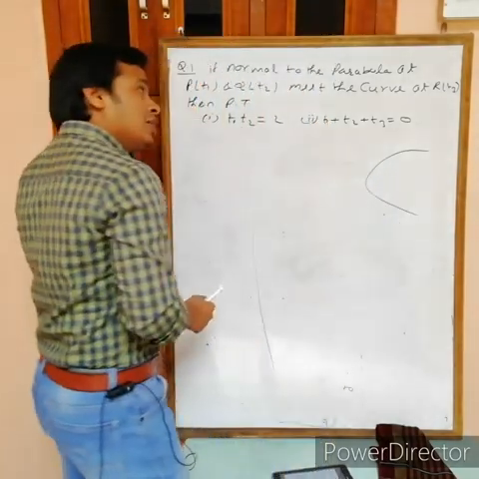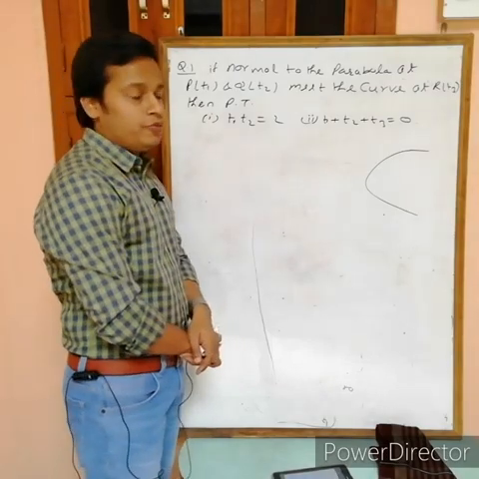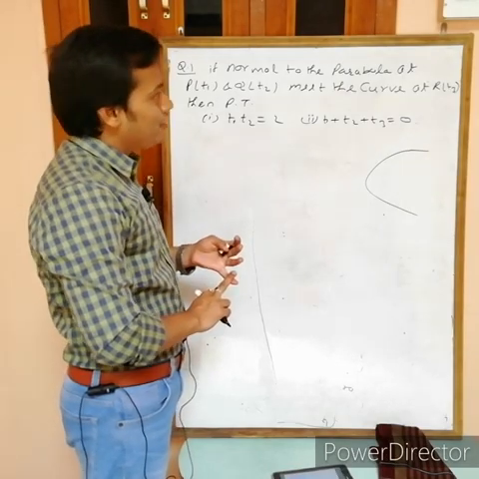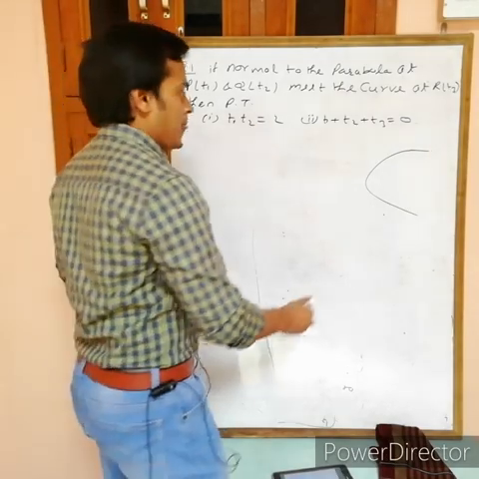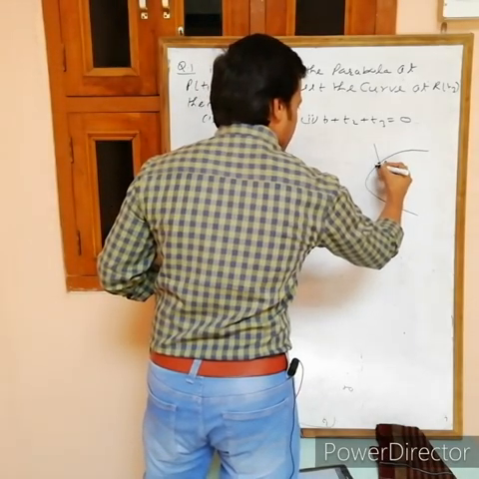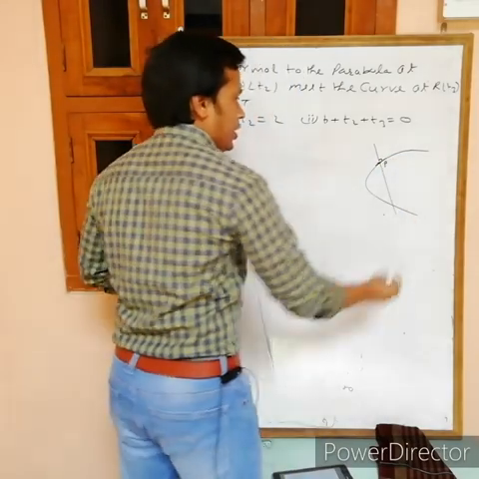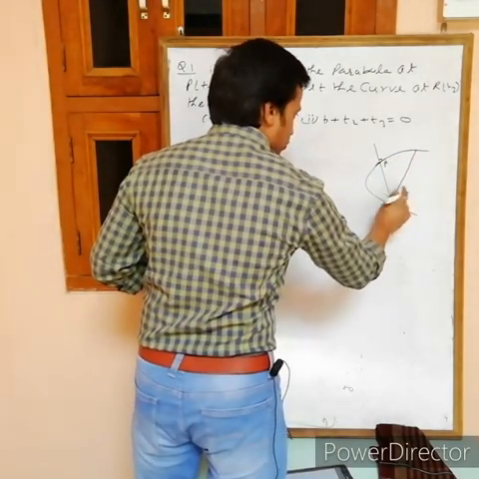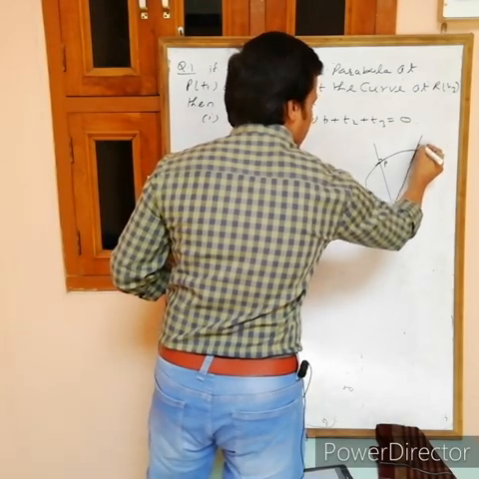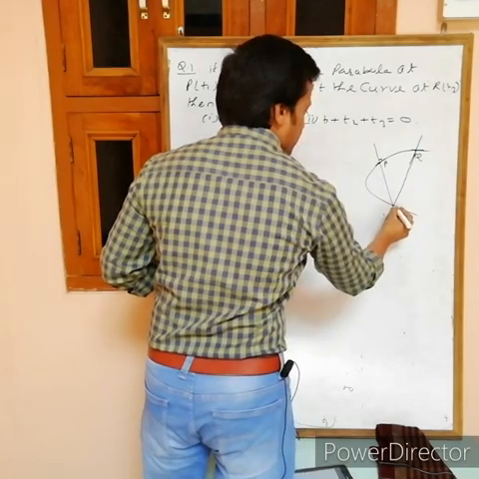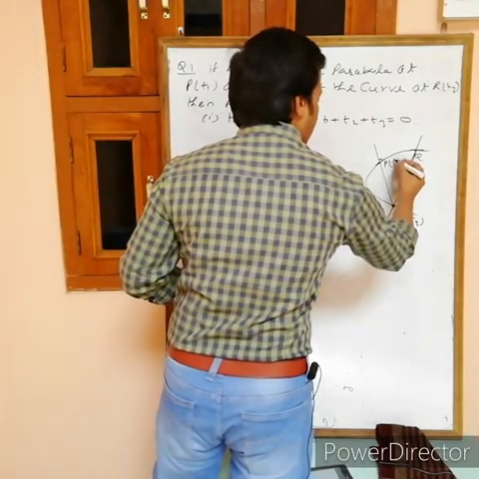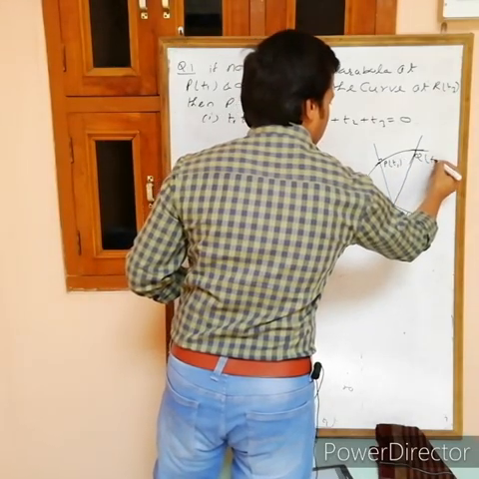We are drawing the normal at two points P and Q, and these both normals meet the curve at R. Suppose this is the normal at P, perpendicular to the tangent, and this is the normal at Q, and both meet the curve at R. Parameter of R is T3, parameter of point P is T1, and for this one T2.